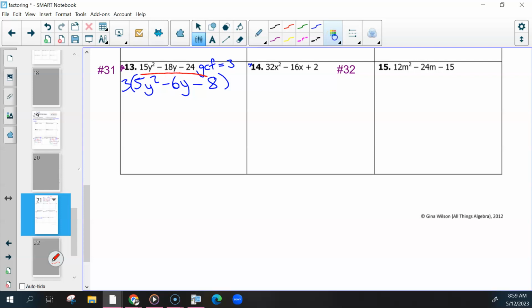Take 5 and negative 8 and multiply those two. And you're looking for two numbers that multiply to be negative 40 but add to be negative 6. One will have to be negative.